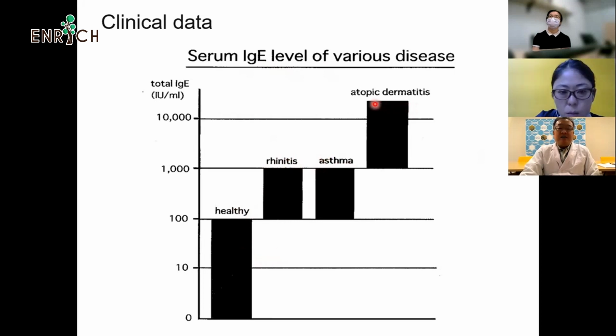Moreover, the IgE levels in atopic dermatitis patients are 100 times higher than healthy subjects. So, serum IgE level is a good biomarker to evaluate the severity of allergy.